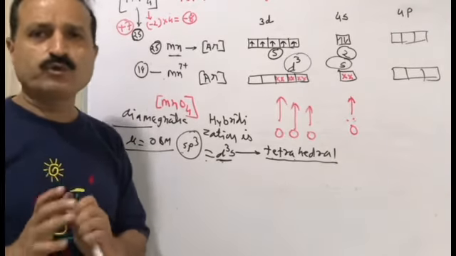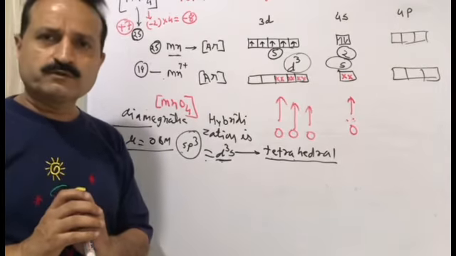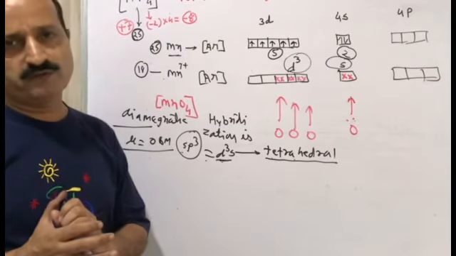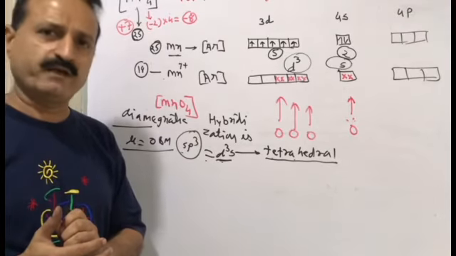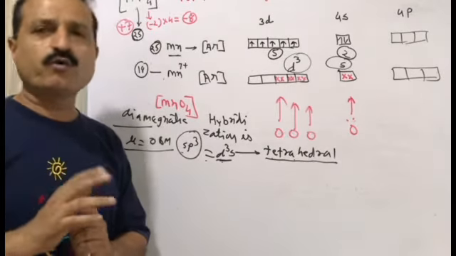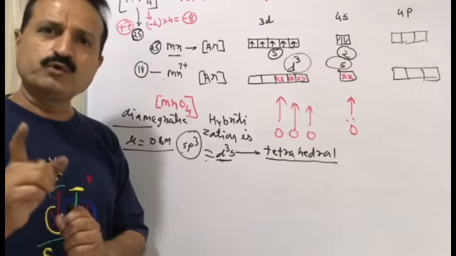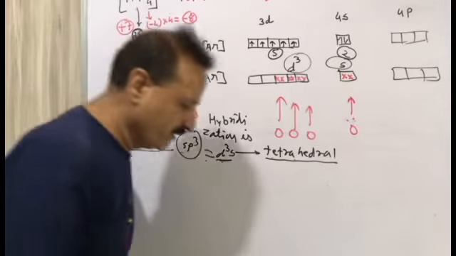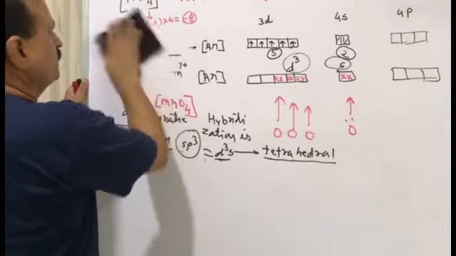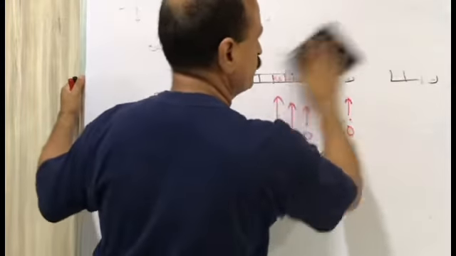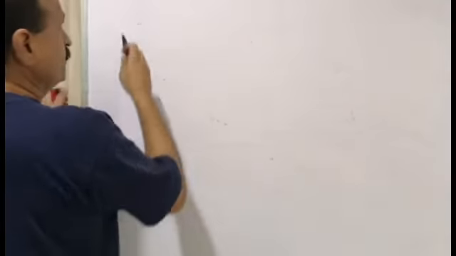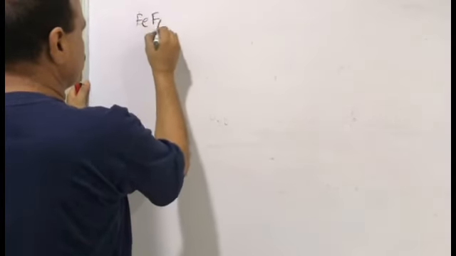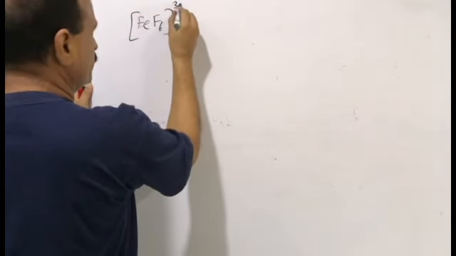So you have to give me homework. Some students are not sending me homework. When school starts, I will see all records and discuss with parents. Now I am giving 2 complex ions as homework. Try to solve like this. Give the name, discuss the geometrical shape and magnetic property. First is [FeF6] 3 minus.